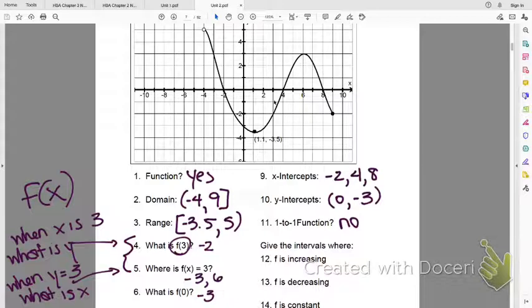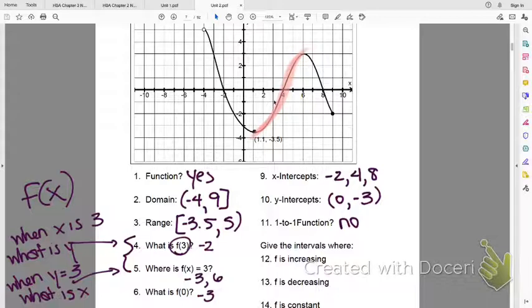So the way I see it in this graph, I have 3 different sections of my graph where it changes directions. Where would be the increasing interval? It's kind of this middle section right here, right? That part of the graph, if I'm going from left to right, is going up.